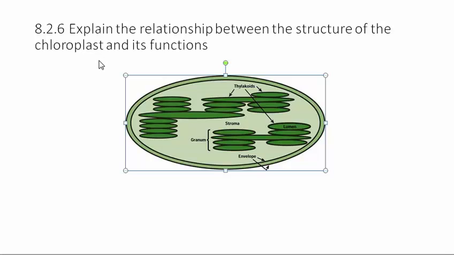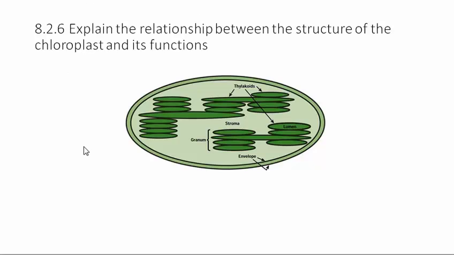So the next assessment statement says, explain the relationship between the structure of the chloroplast and its functions. We looked at this image earlier when we looked at the structure of a chloroplast, and now that you know where these reactions are happening, we can talk about how the function and the structure are related.